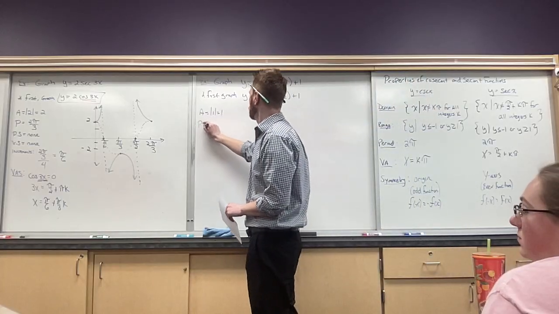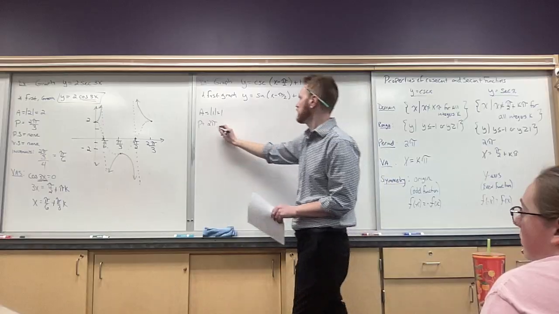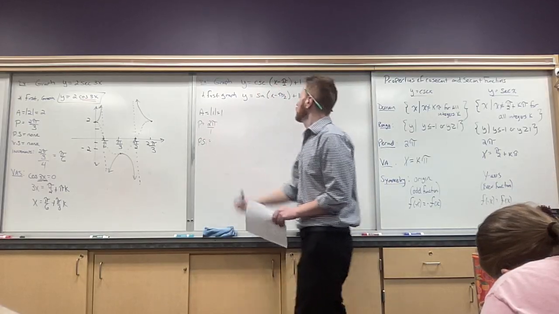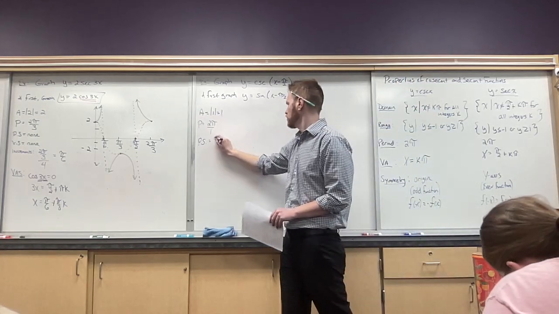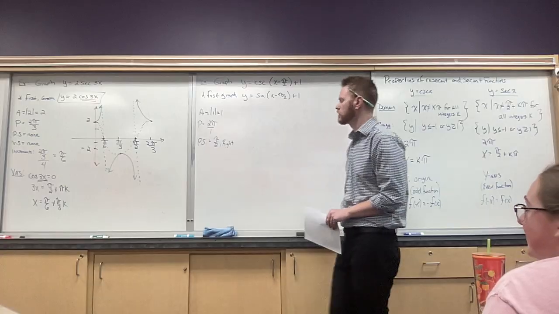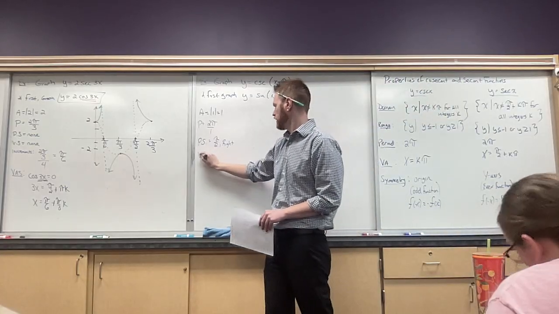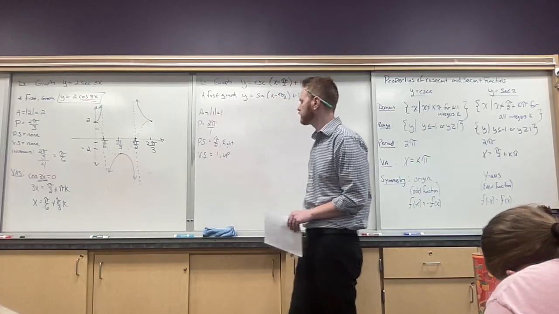The period is 2 pi over b. Well, there's nothing in front of here, so my b is just 1, so it's just 2 pi. Phase shift, remember, it's the opposite, so it'll be pi over 2, and it's going to go to the right, pi over 2. Vertical shift, yep, it's a positive 1, which means we're going up.